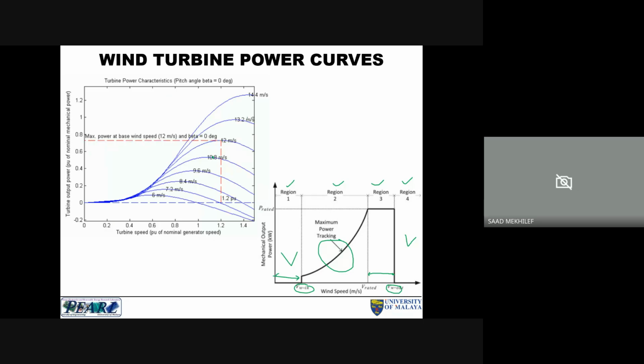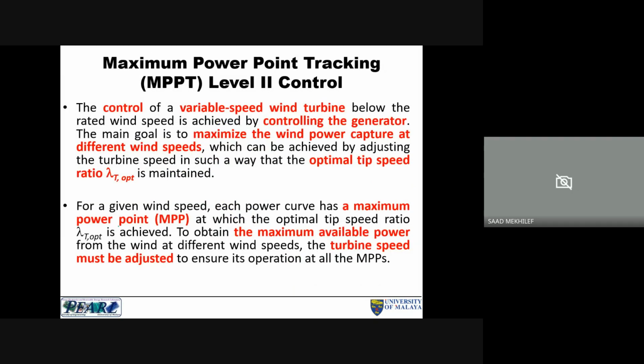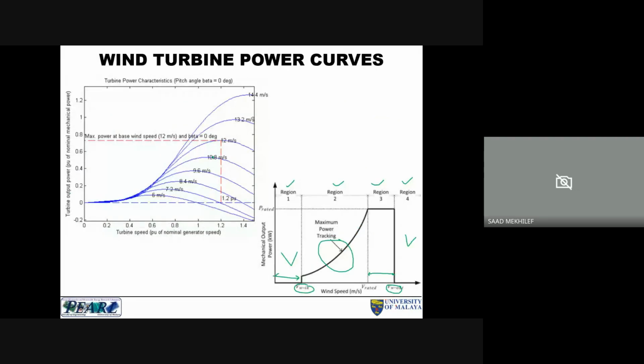That's why in this region there is the need for the MPPT to work to track the maximum power, because the power will be variable and changeable. I think that's important. So the maximum power point tracker is actually located in level 2.